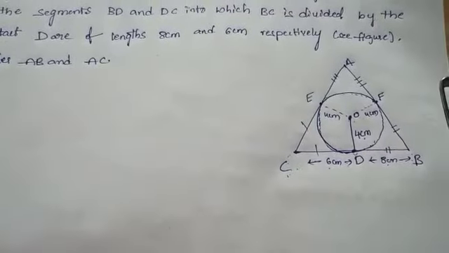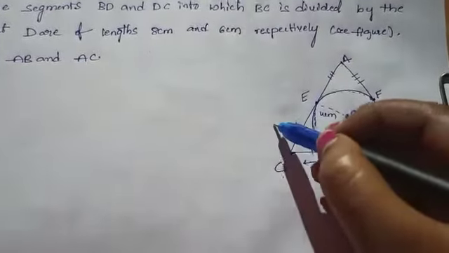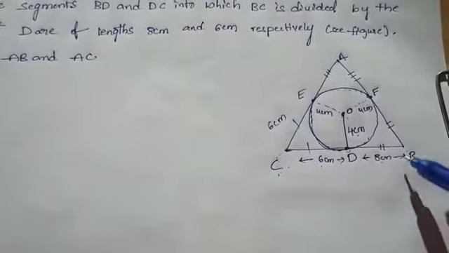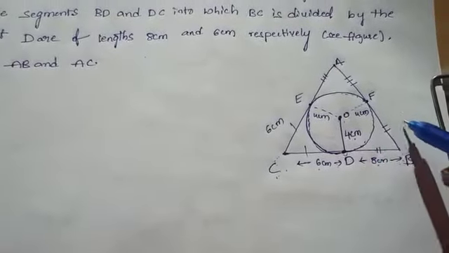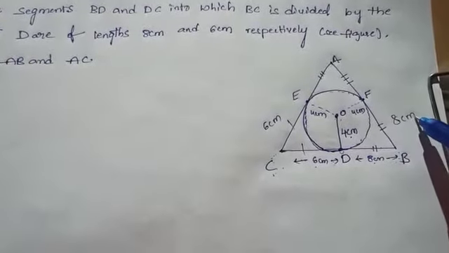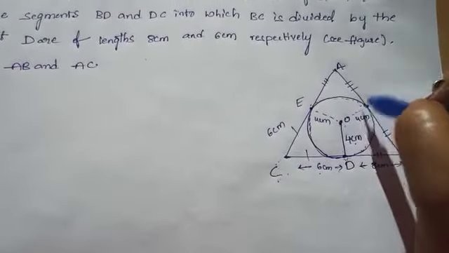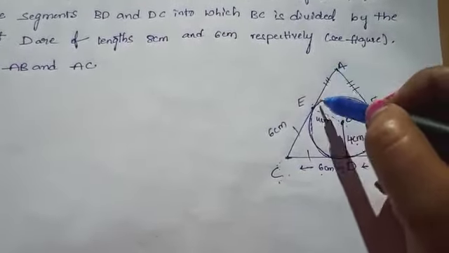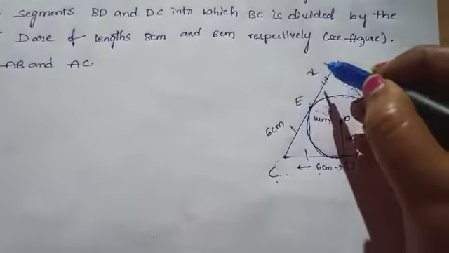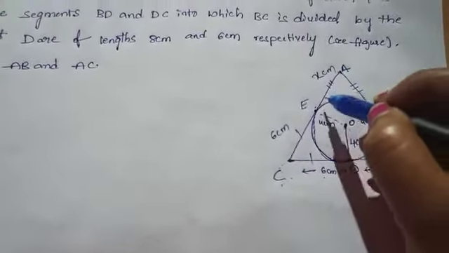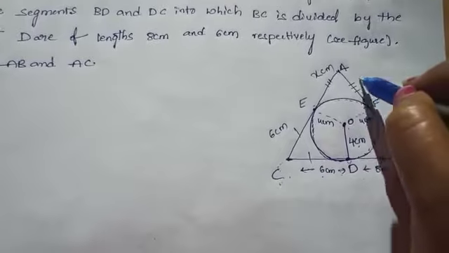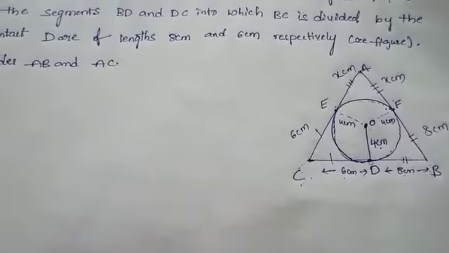So CE equal to 6 centimeters, BD equal to BF, it is 8 centimeters. Let AE equal to AF be some x centimeters, both are equal.